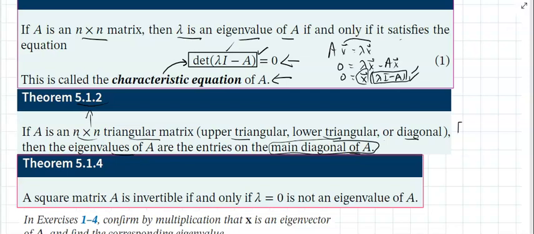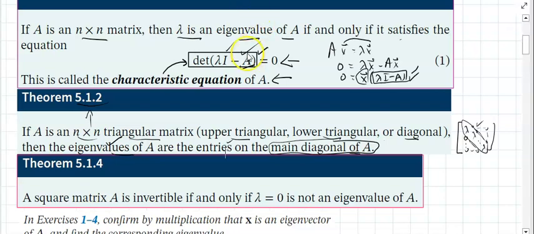Remember, the zeros could be above or below or both. It doesn't matter. Remember, the determinant of this will be the product of those. And if you set them equal to 0, then the eigenvalues, which is the solution to that, will be the entries on the main diagonal.